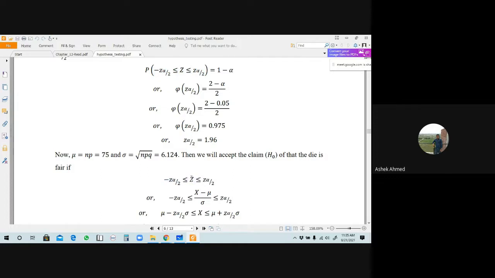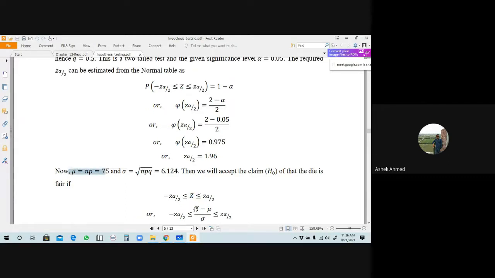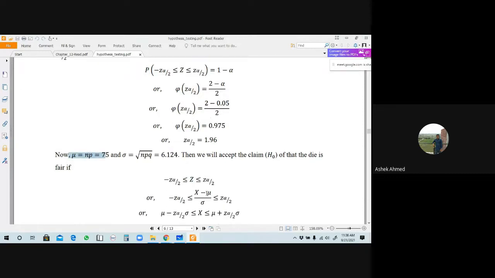Since z is the standard normal variable, from here we will convert this z into x. How can we convert this z into x? We subtract mu from x and divide x minus mu by the value of sigma.